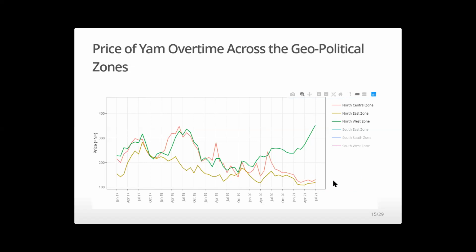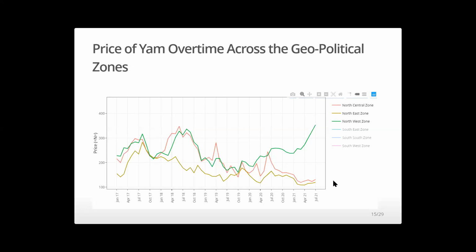So that means there is a probable decline in the price of yam in the northeast and the north central. I know, for instance, in north central, you have states that are very strong in farming, especially Benue State. So that might be contributing to the reason why there is actually a decline in the price of yam in that particular region as against northwest.